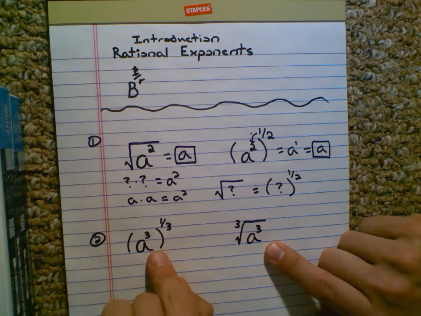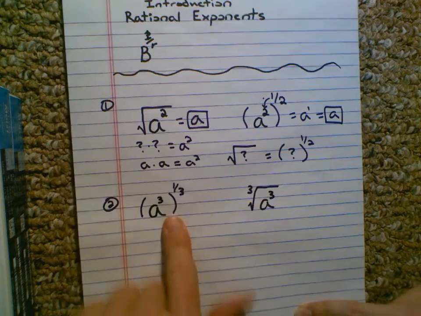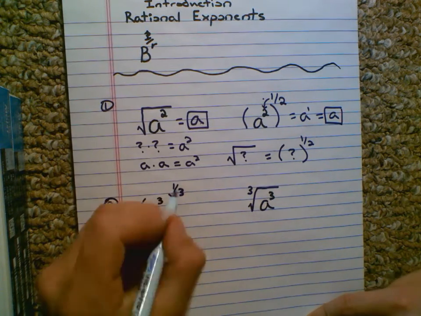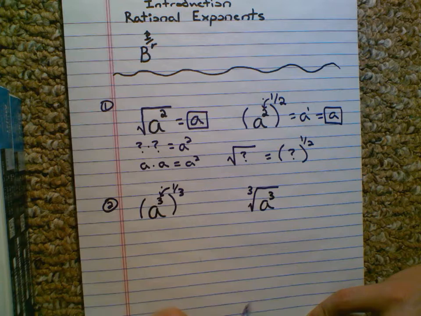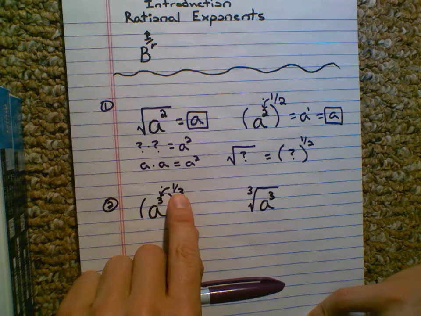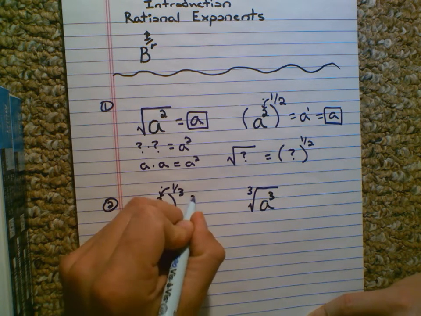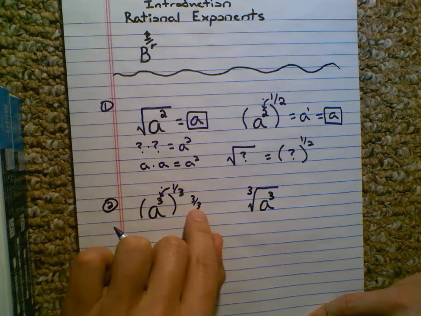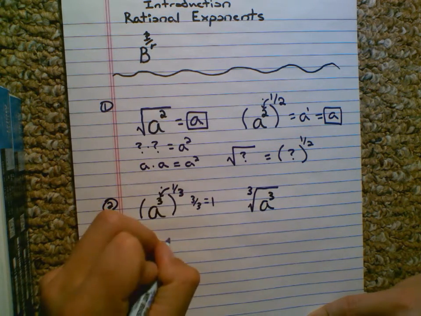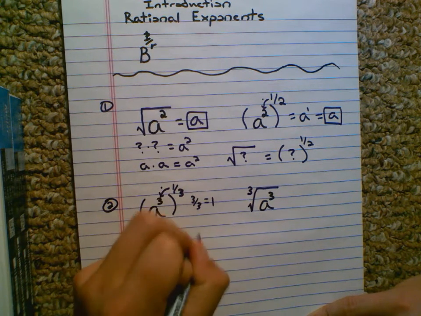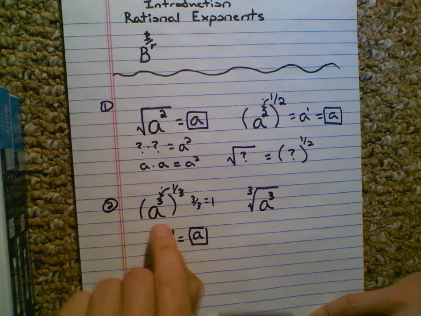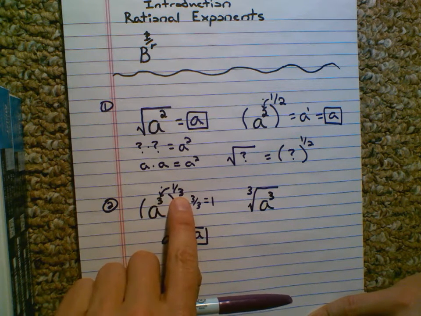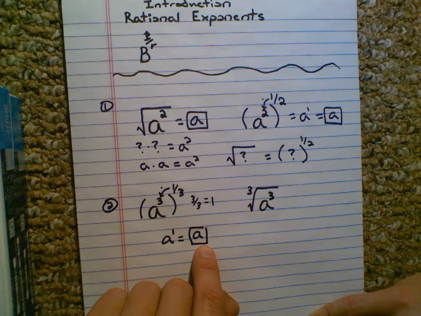Okay, so if we start with the one on the left, when I raise it to the 1/3 power, remember I'm multiplying the exponents. Well, 3 times 1/3 gives me 3/3, and 3 divided by 3 is 1, so I get a to the first, or just a. Okay, so when I take a to the third and raise it to the 1/3, it simplifies to be a.